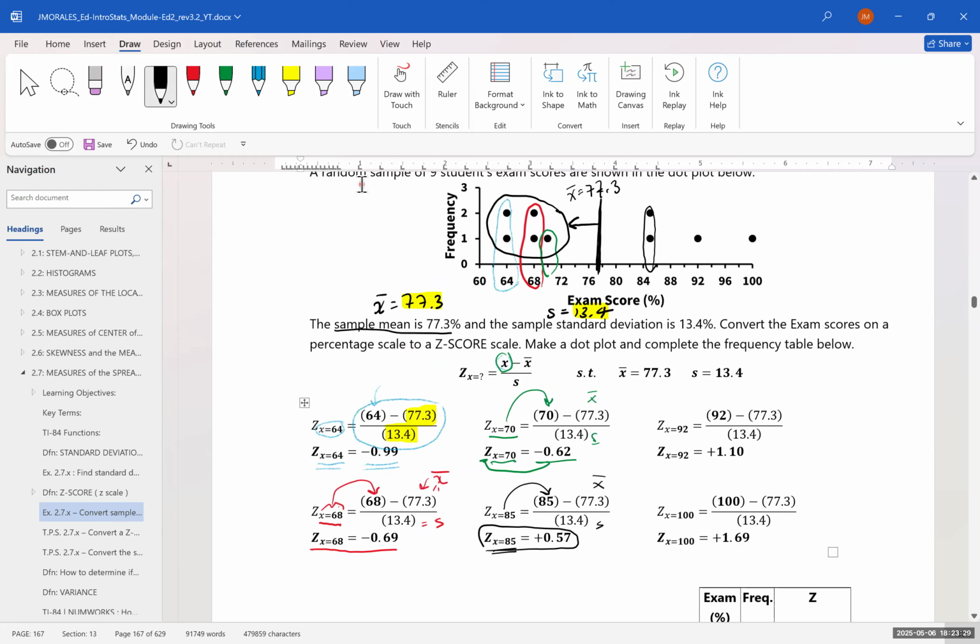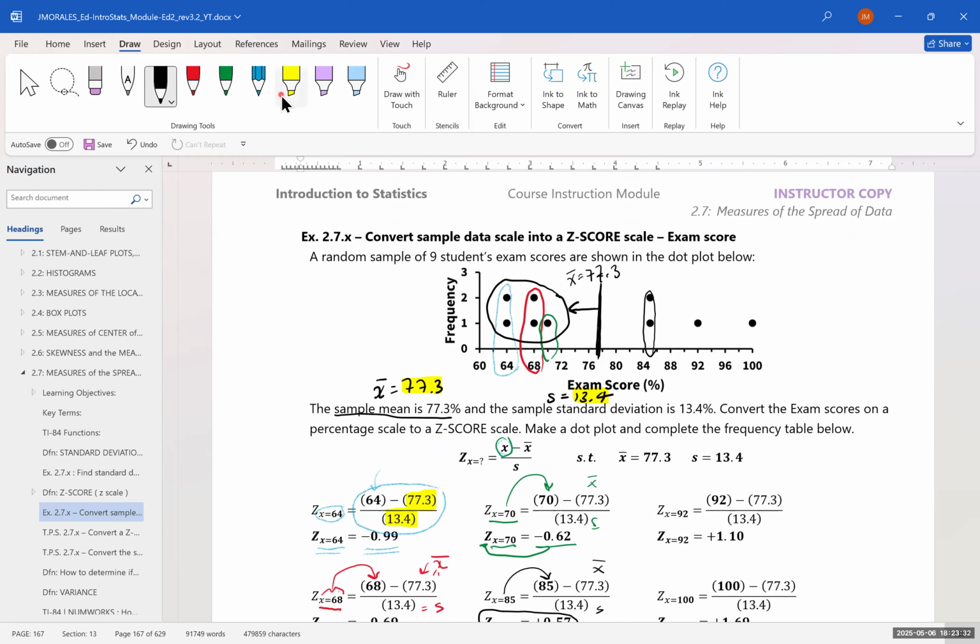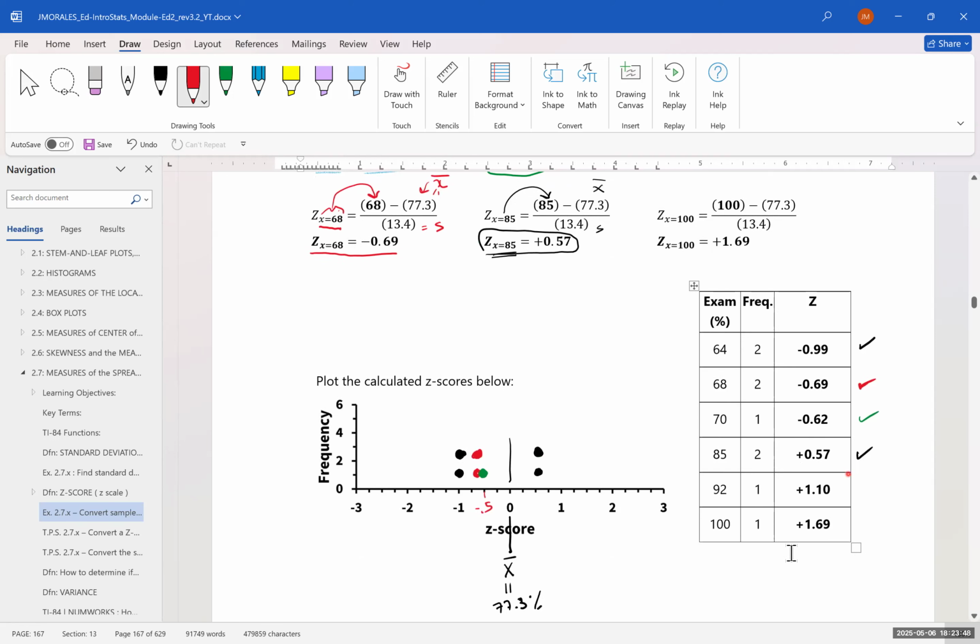And if we do the same thing here with 92, here's 92. We only got one of those. And so when x is equal to 92, put 92 in for x. Sample mean and standard deviation are the same. Comes out to a positive 1.10. So that's a little bit more than positive 1. So that would be right about here. And there's only one of those. All right, got that one done. Okay, last one.